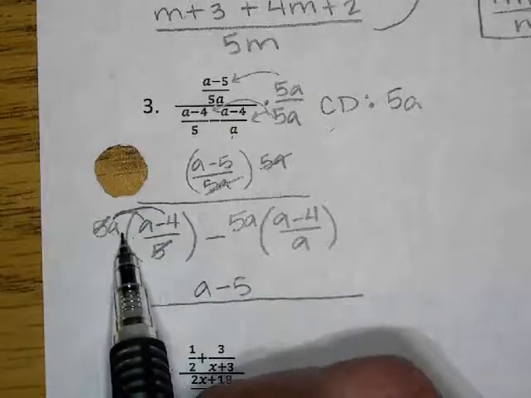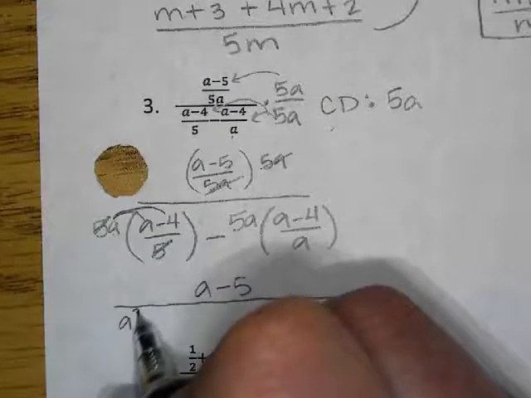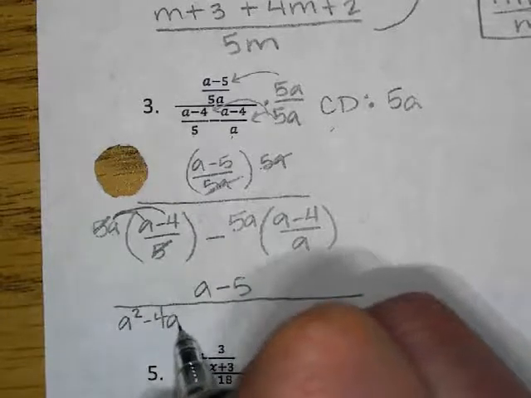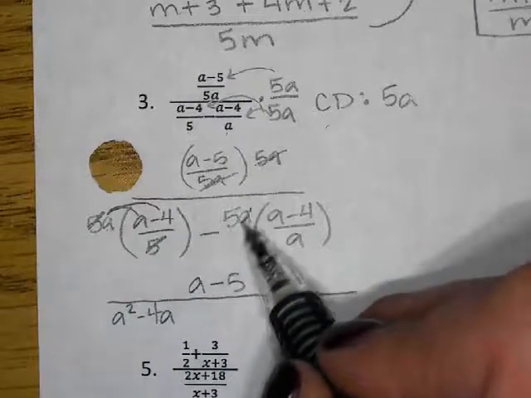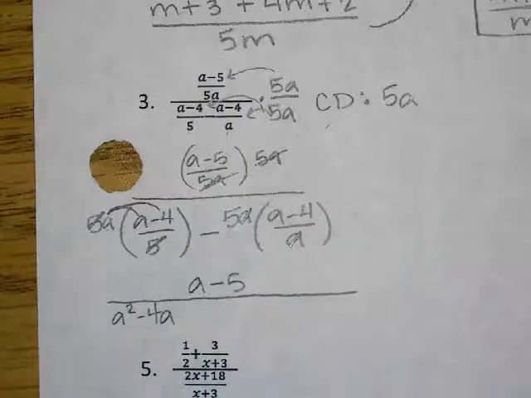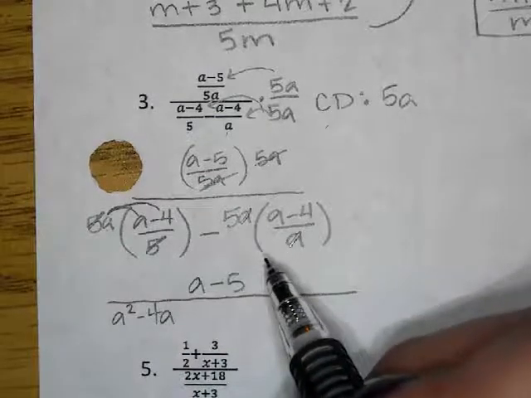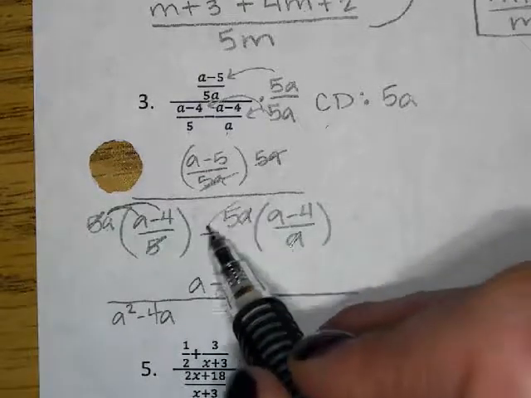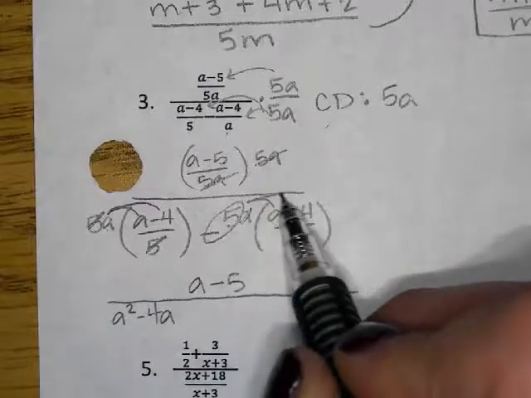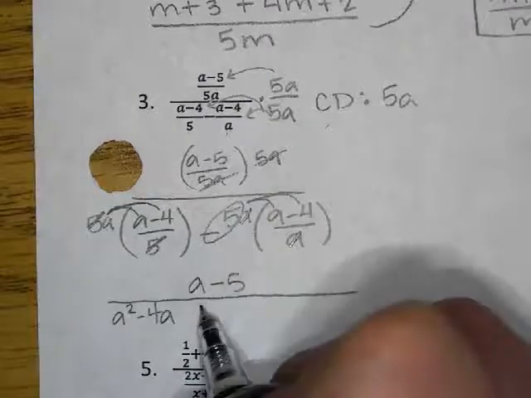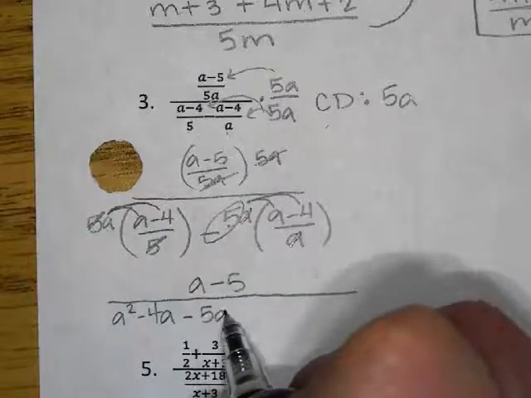And then for the second fraction, we have the a and the a. Those cancel out. And now we have to be careful because we have a negative 5, and the negative 5 is distributing. And then positive 20.